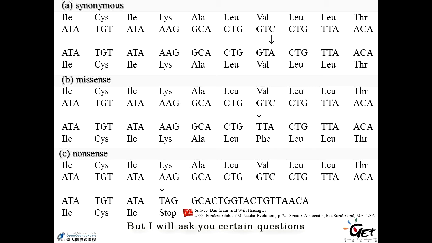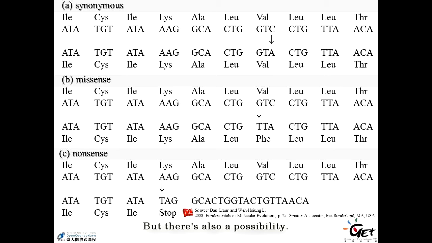But I will ask you certain questions regarding whether a particular change is synonymous or non-synonymous, or what we call missense. Missense is a different terminology for the non-synonymous change. We can also call it replacement. This can be easily recognized by having a codon table in hand. You can easily check it.